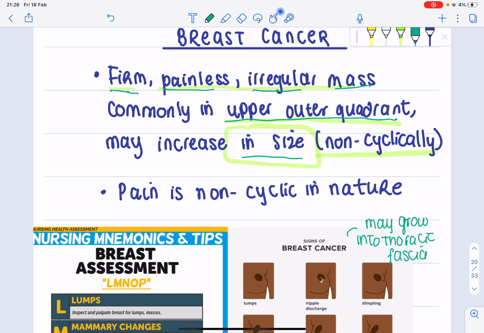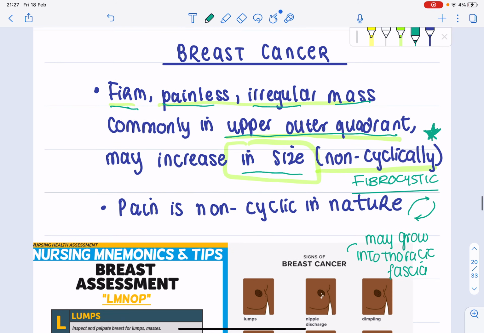Now, what's important here is that the way that breast cancer, which would be malignant, increases in size is non-cyclically, but we know that in fibrocystic disease, there can be a lump which can increase in size cyclically along the time of the menstrual cycle. So it's very important to remember that pain is non-cyclic in nature when it comes to breast cancer.